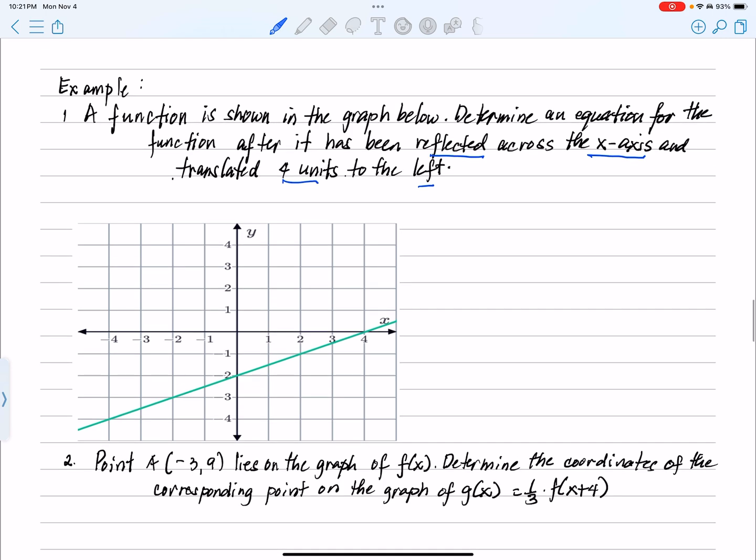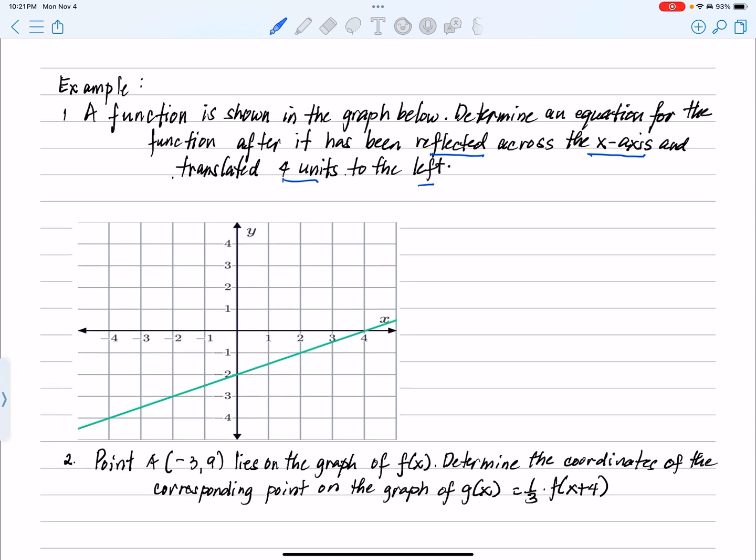If you think about it, you can have 2 ways of doing it. You can apply the transformation to the graph and then determine the equation of the final graph, or you can determine the equation of the graph shown, then apply the transformation algebraically.